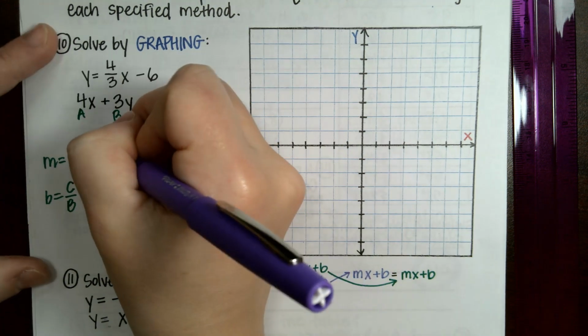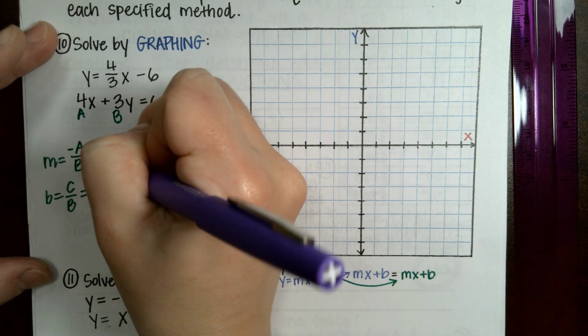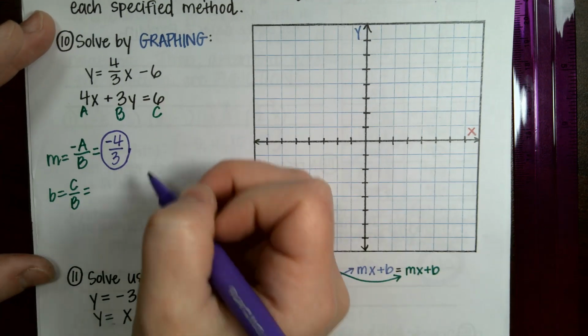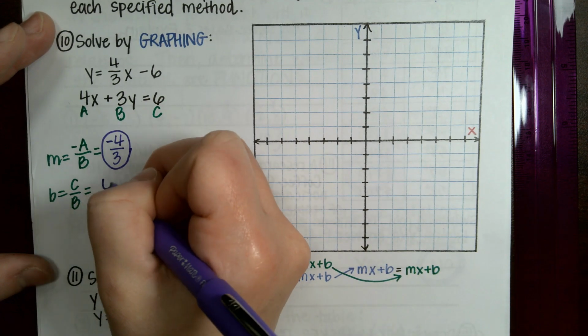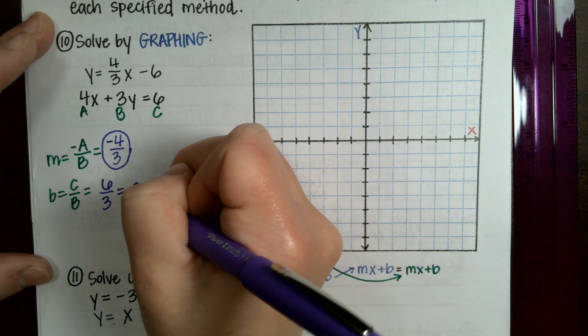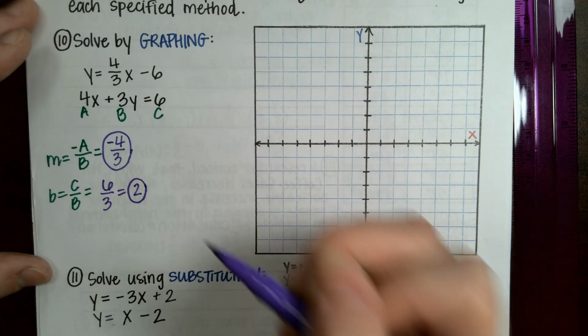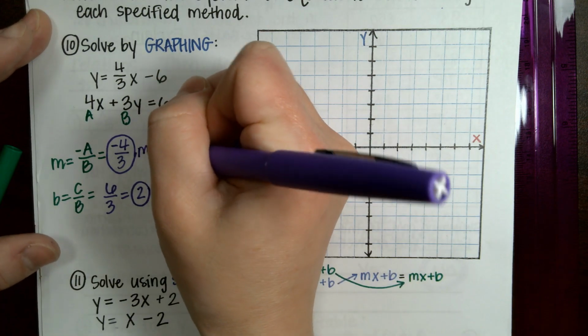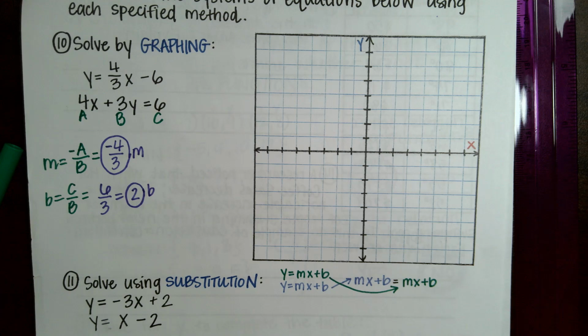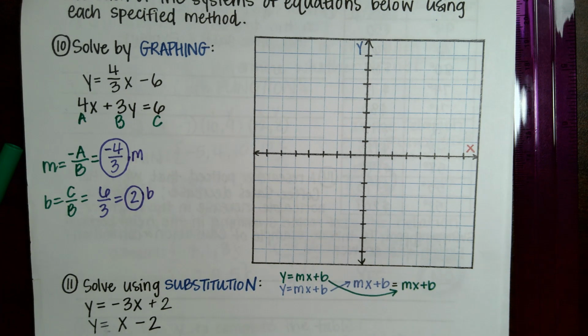Perfect, negative 4 over 3. And what is our y-intercept going to be? Perfect. 6 over 3. Can we simplify? 2. Good. So now we have a slope and a y-intercept for our second equation. And now we can graph these.